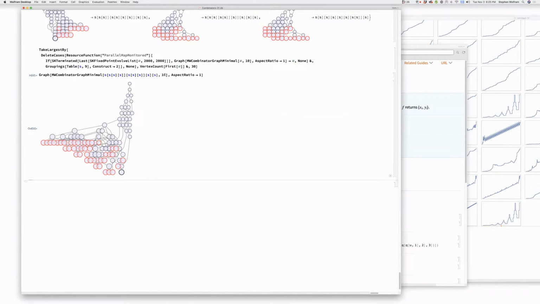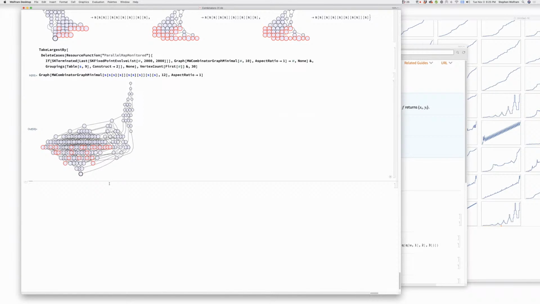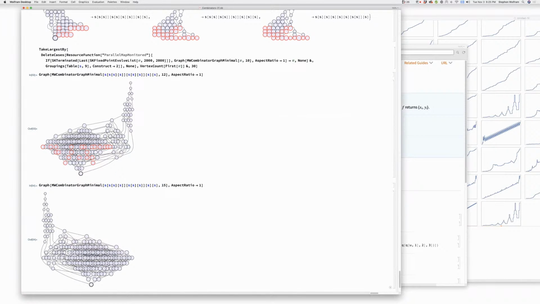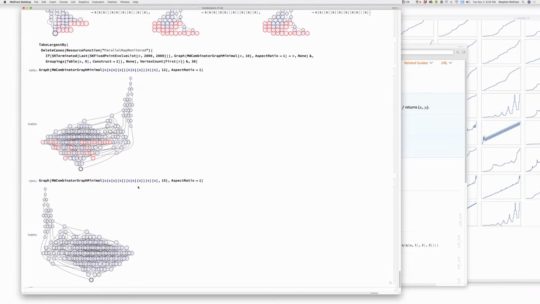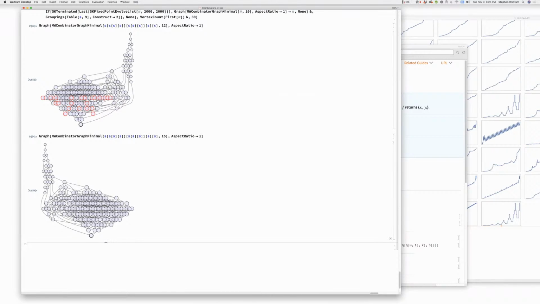Okay, that was what we had before. Let's go to 12 steps. It's dying out. It's going to all terminate. Splat. It all died out. So what we didn't have is something where, because I found those, at least I think I found that.